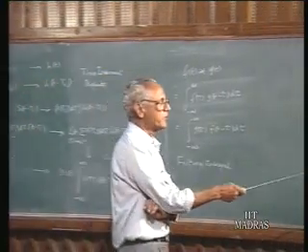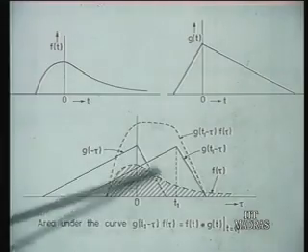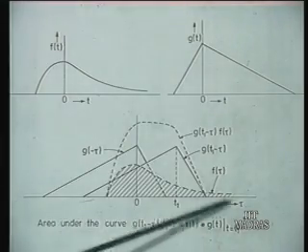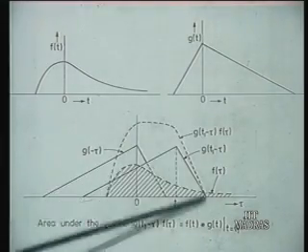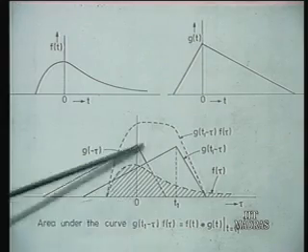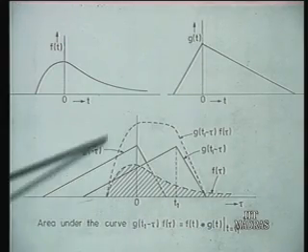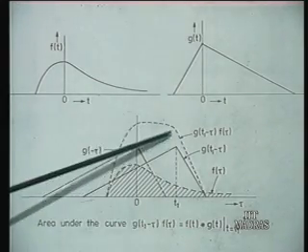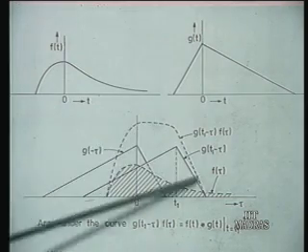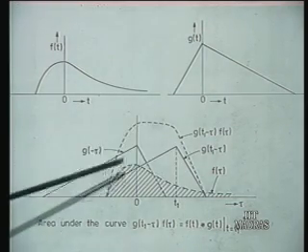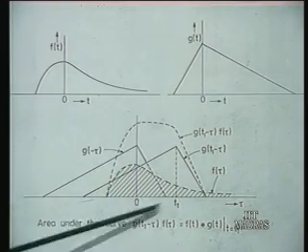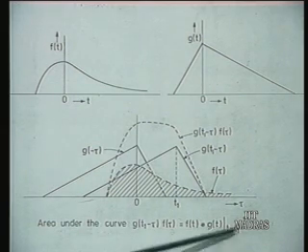Therefore, what you do is take the original f of tau and this shifted g, you multiply them out, and this will be your result. The product of these two functions will be this, and you take the area under that curve, that is the integration, which will give the convolution value at t equals t1.